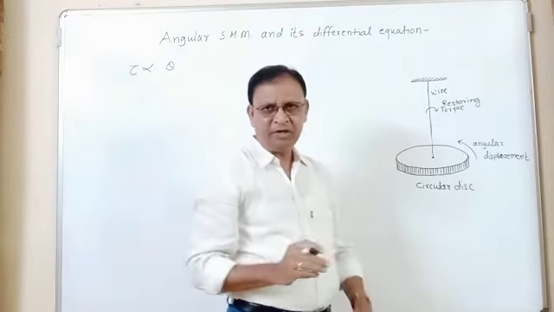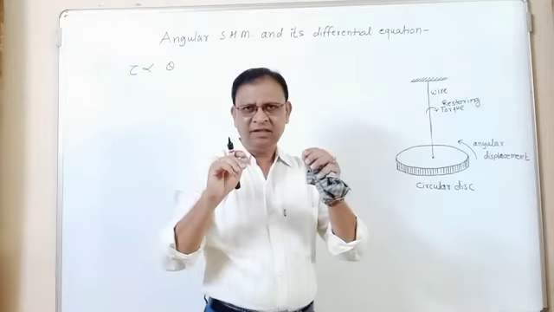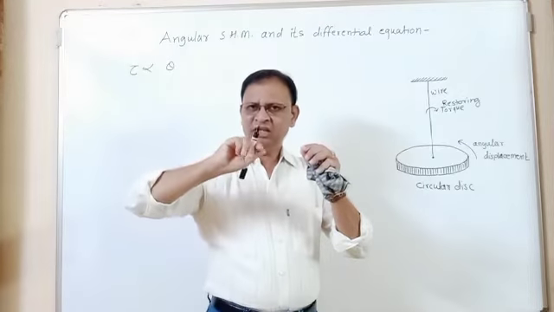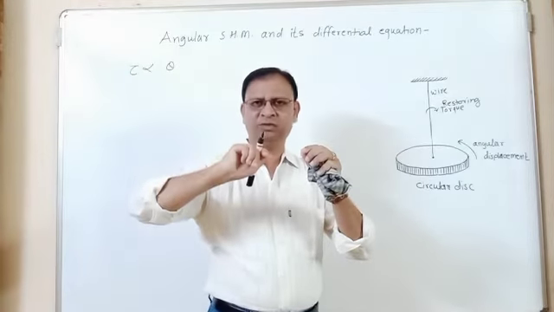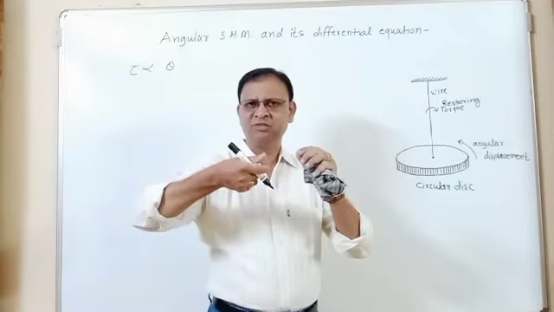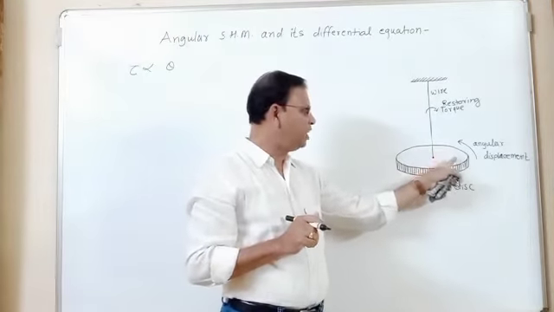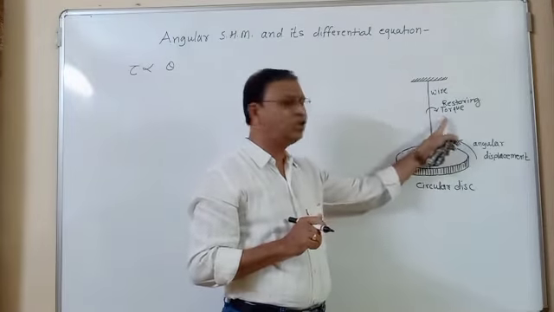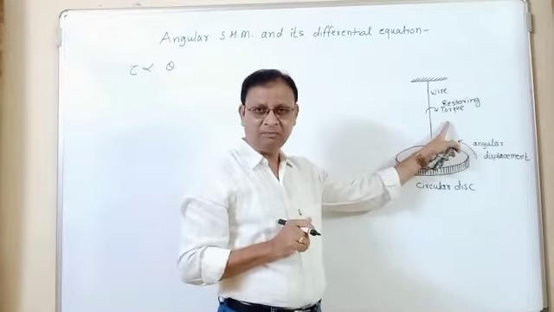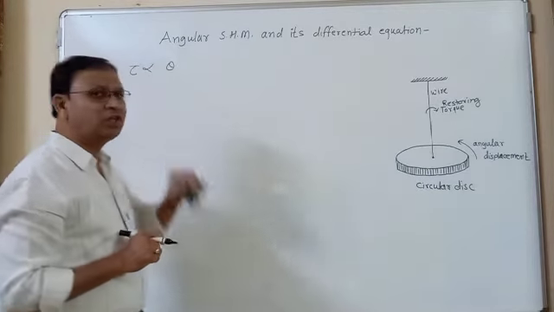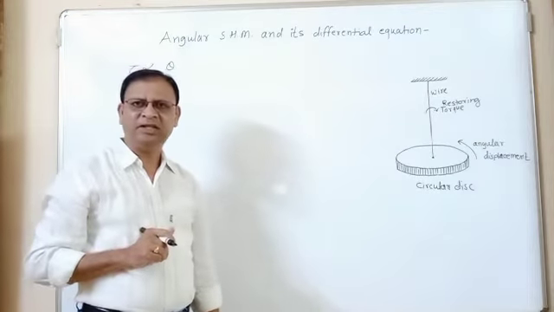You know the example: if we take a spring in our hand and twist it, the larger the twist, the larger the restoring force; the smaller the twist, the smaller the restoring force. Same thing happens here. If the angular displacement is larger, then the restoring torque is larger. So this restoring torque is directly proportional to angular displacement theta.